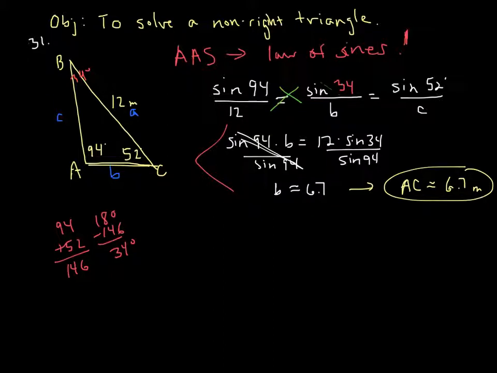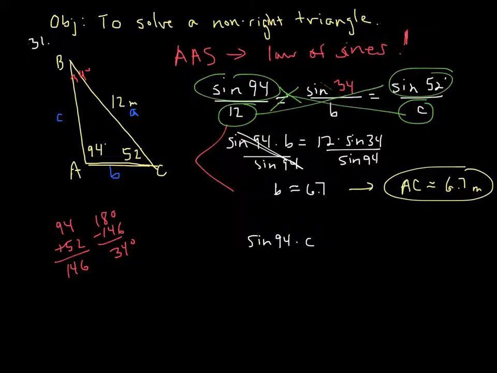Now let's go back to our setup here, and that's why I like to list all three ratios, is now I can use these two because I know b, or again I can skip this one and use the first and the third and set them equal to each other. That's what I'm going to do just in case I made a mistake in b. So I'm going to go ahead and do sine 94 times c. That's a great big cross multiplication between that and that is equal to 12 times sine of 52, and I've got sine 94 times c.